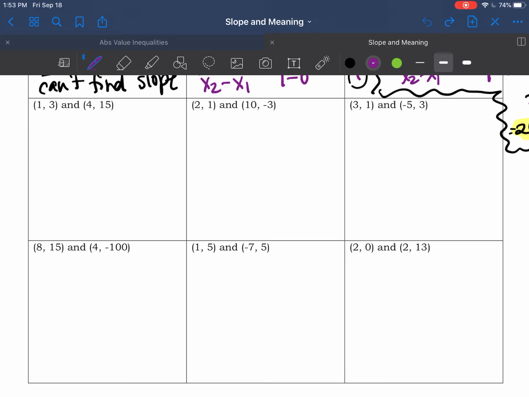Okay, and so go ahead and label x1, x2, y1, y2.